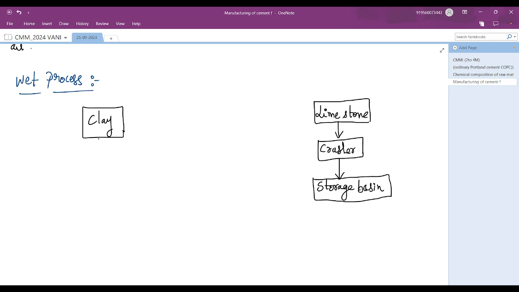Now here the clay, whatever taken for manufacturing cement, is admitted into wash mills, because clay consists of some pebbles, cobble, etc. Some foreign elements it contains. So for that we take that clay into the wash mill. After washing the clay, we take it into the storage basin for clay.